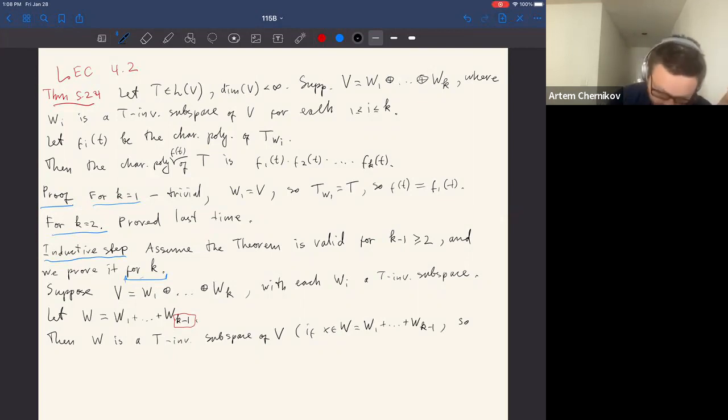This means that x can be written as a sum of some vectors, x1 plus x2, etc., plus x(k minus 1), for xi in Wi. So we have this for some xi's. But then if we want to calculate T of x, of course T is linear.